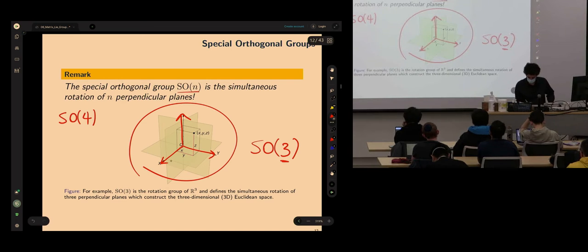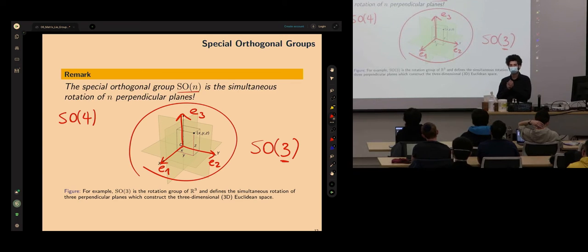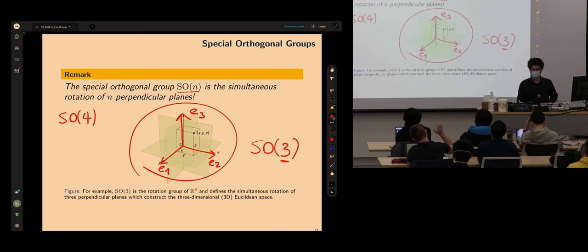I'm going to call these E1, E2, E3, right? Take any 2 unit vectors. They will form a plane for you, right? And then you can rotate using the other vector, which is normal to that plane. So we have 3 ways to rotate.